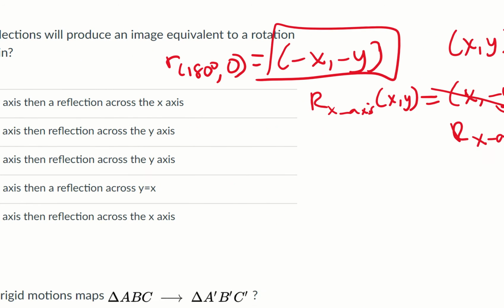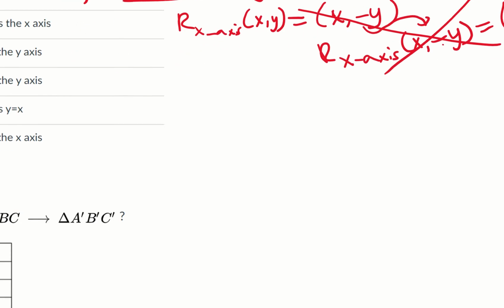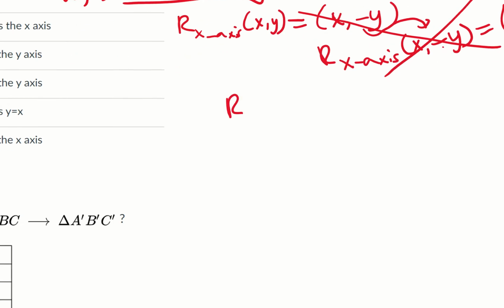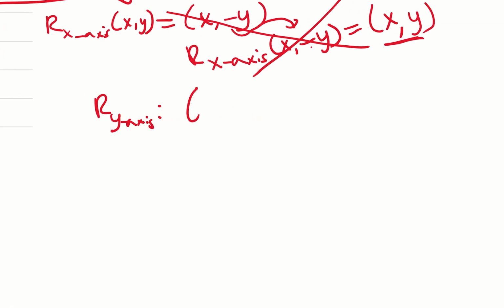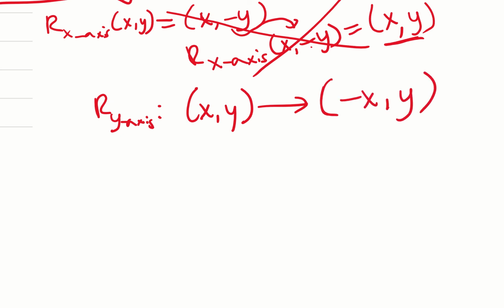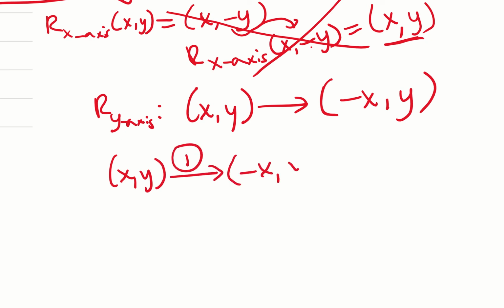Reflection across the y and then reflection across the y. Well, the rule for reflection across the y, remember that the rule for that was x y transforms to negative x y. So if I were to take this and go to the first round and do a reflection about the y-axis, well, I get negative x y.